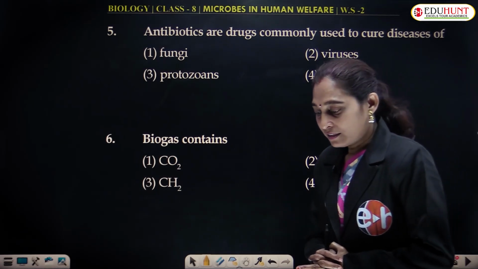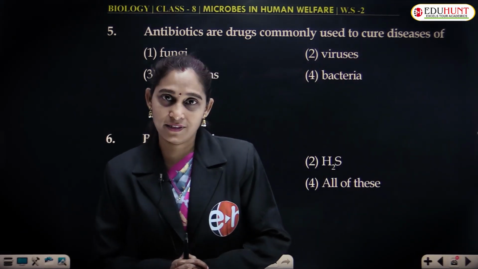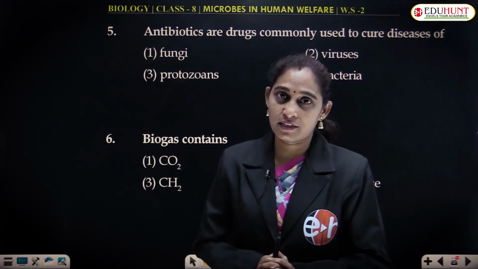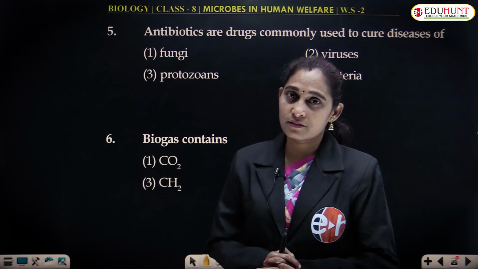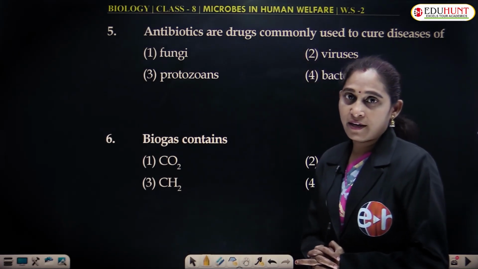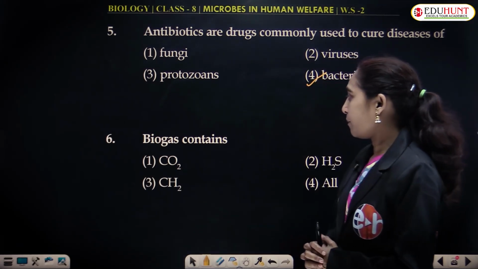Antibiotics are the chemicals which are secreted or released by bacteria to prevent or inhibit the growth of other bacteria. So, these are the drugs which are used against bacteria. So, the answer is bacteria.